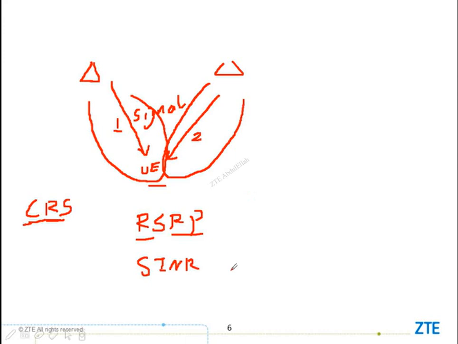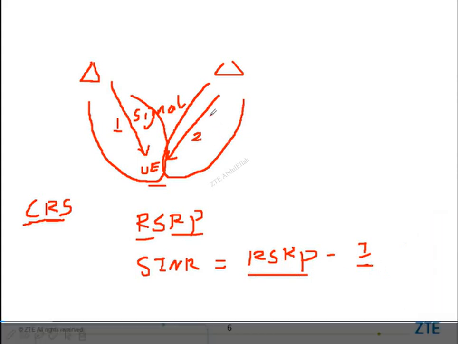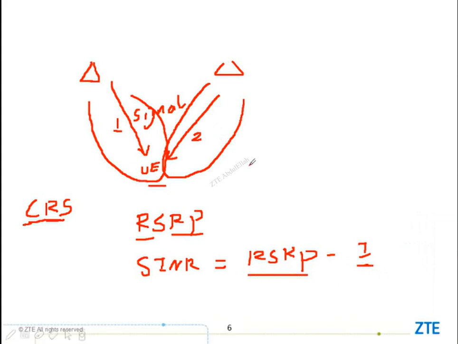So, what is the signal? Signal means RSRP minus interference. Okay, I use I for short. RSRP is the serving cell signal, and RSRP minus interference, that is the signal. So the interference mainly means the signal from other cells. So for this UE, that is the interference.